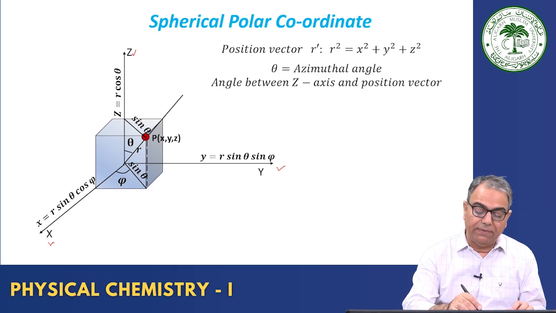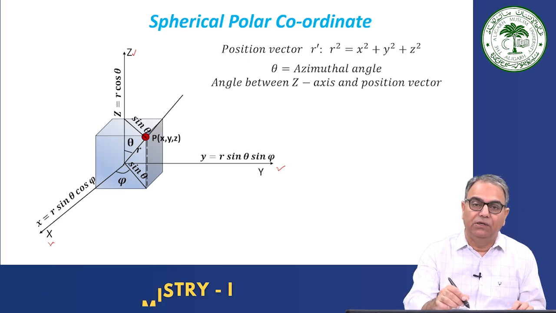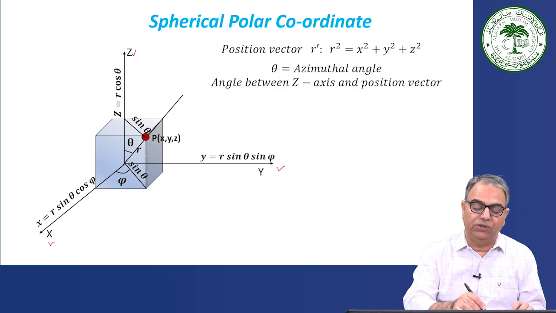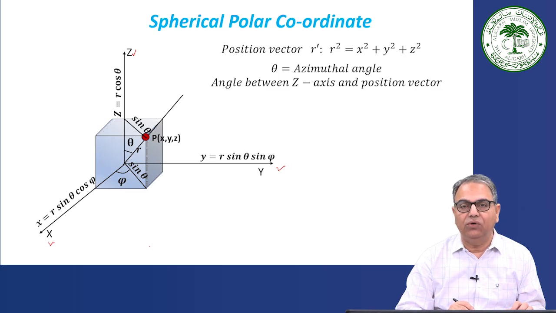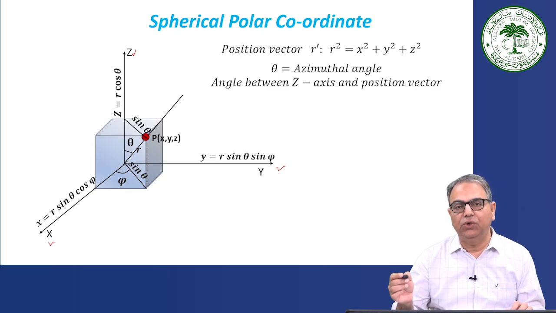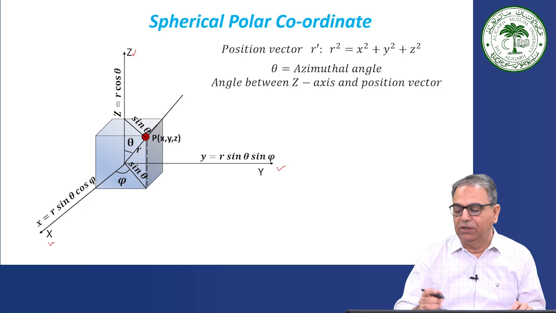The particle could be anywhere in space, so you can draw a very long line from the origin. It could be very close to the origin or very far away, so r could vary from 0 to infinity. It could be anything.